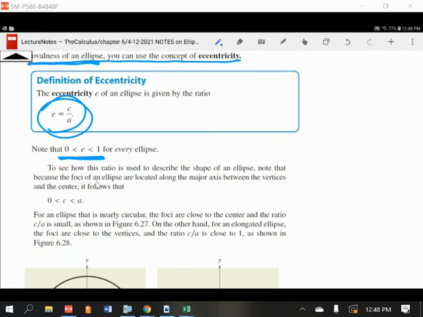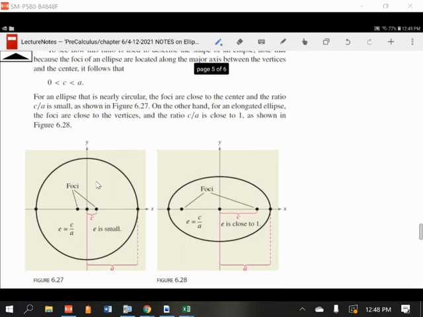If the eccentricity were 0, if there was no distance between the center and the focus, that would mean the focus is on the center. What would happen there if the eccentricity is exactly 0? I know you're all saying it out loud. That would be a circle, right? What would happen if the foci get closer and closer and closer to the vertex?